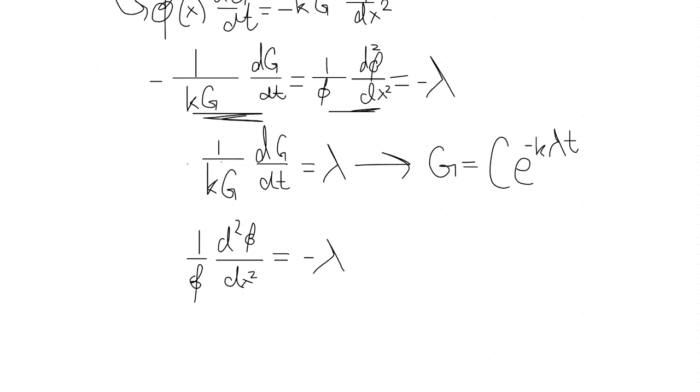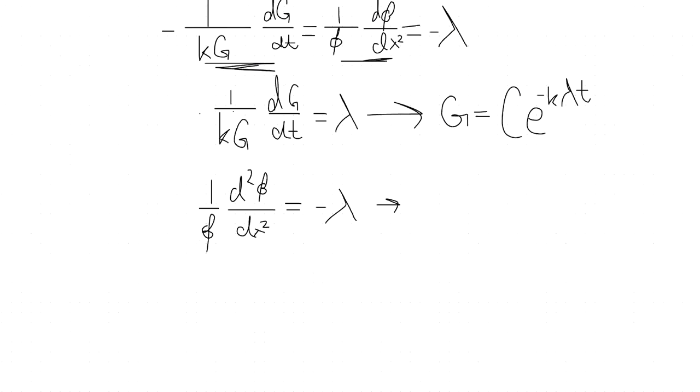Likewise here, if you know how to solve a second order differential equation, you can describe the derivatives as a polynomial, and similarly, you will get phi is equal to e to the plus or minus i square root of lambda times x.